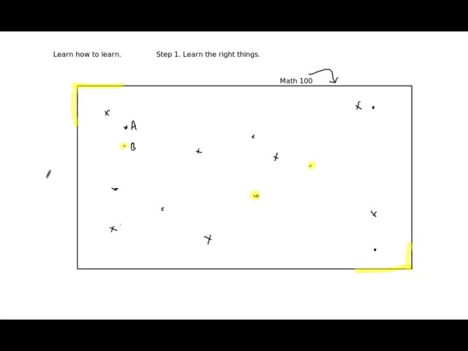What they're trying to test is whether you are able to do everything in the Math 100 class. And of course, if a student only learned these little dots, they have no chance of actually being able to pass the test. And it can be a very frustrating experience.